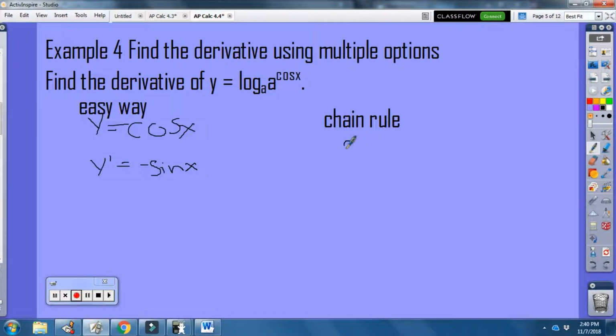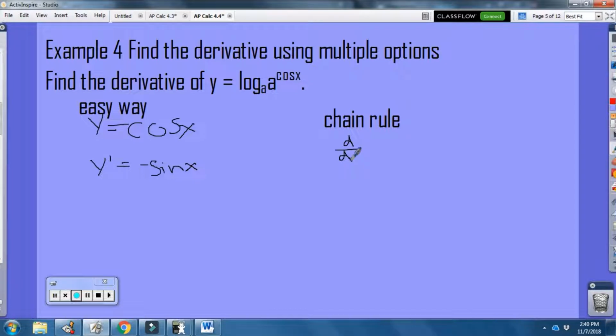We're going to say d dx of log base a of u is 1 over u times natural log of a times u prime.